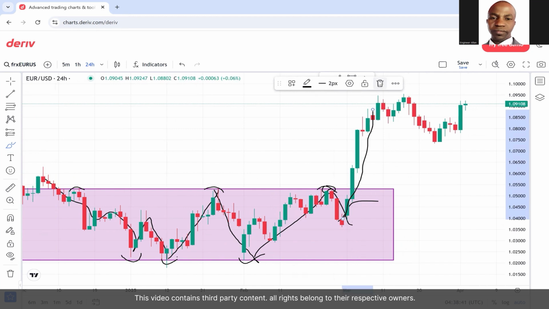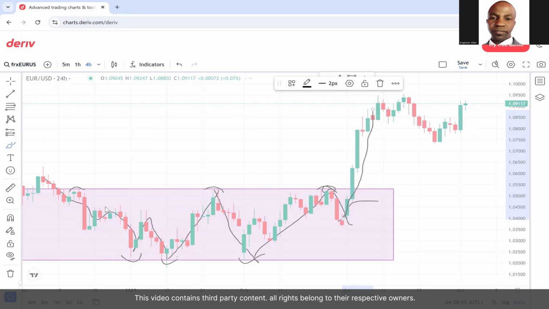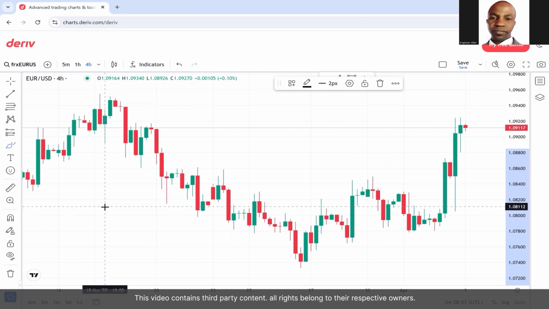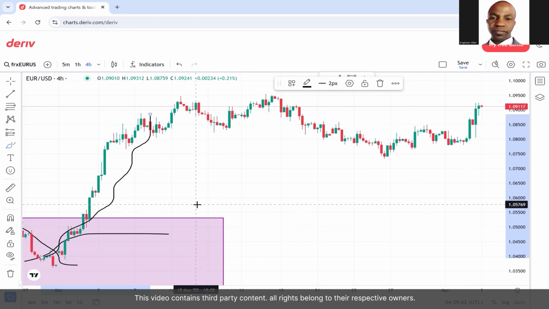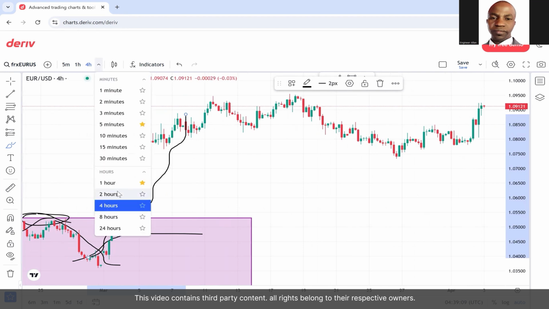Now, interestingly, you might say you don't see a breakout here or a retest here, but when you come to lower time frames, you will comfortably see these particular zones. So if you're doing a 24-hour chart, you can comfortably come to 4-hour. If you don't see anything there, you come to lower.